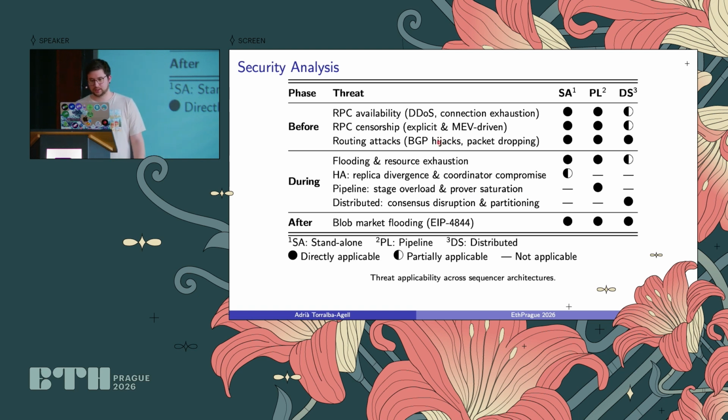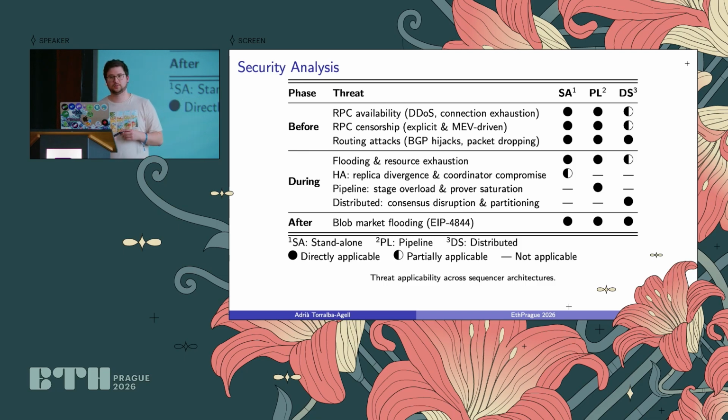And regarding the after-processing phase, we have studied the possibility that, instead of attacking the L2 network, you can attack the L1 network by flooding the blob market, which is related to EIP-4844.